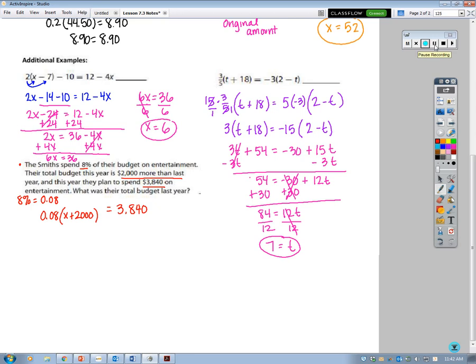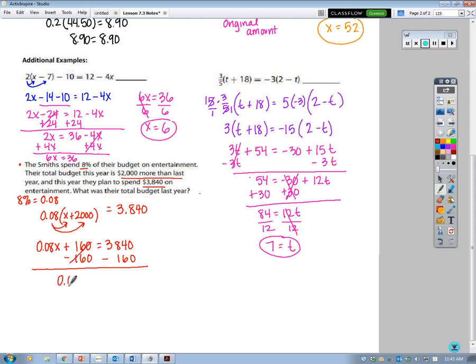So what I'm going to do is distribute that inside the parentheses. So I've got 0.08x plus 0.08 times 2,000, which is 160, equals $3,840. Now I'm going to combine my like terms. So I've got this canceled on this side.